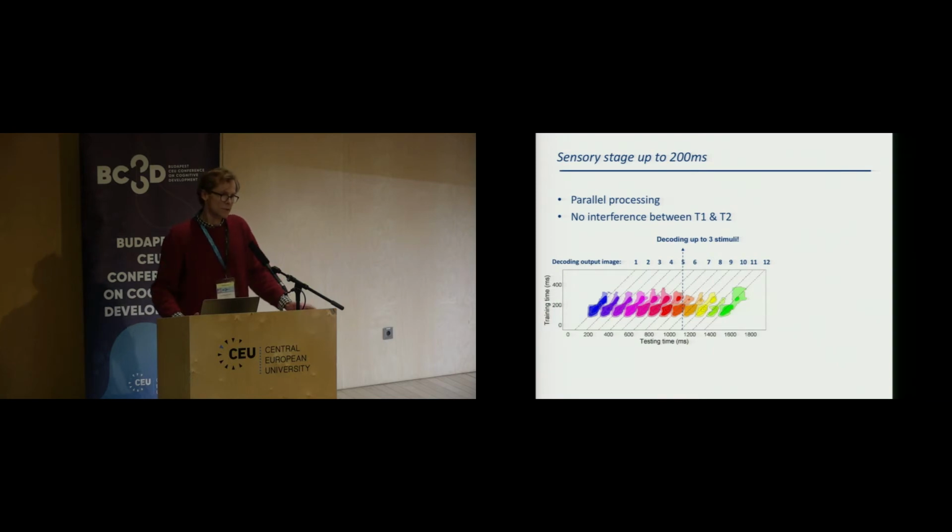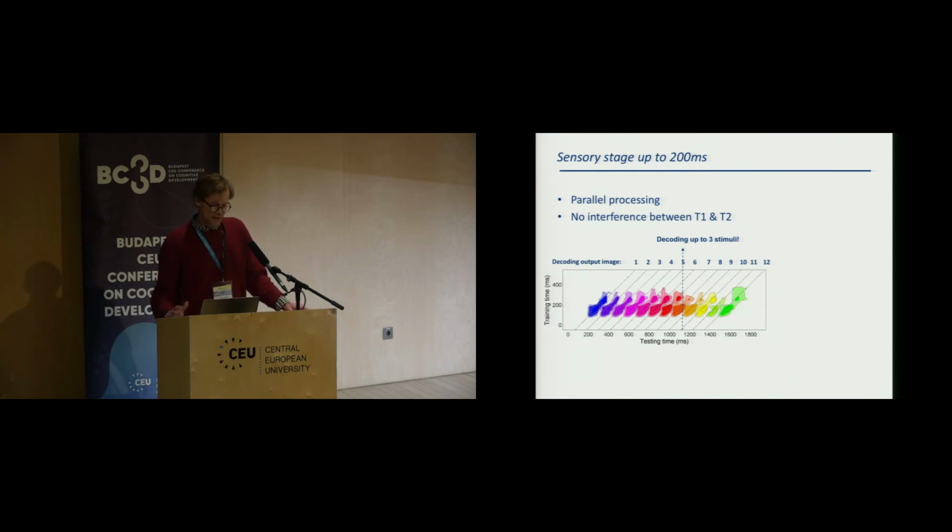let's go back to this study of the unfolding of events from stimulus onset to the conscious perception of the stimulus. He was able to decompose this unfolding of events in 3 stages. So the first stage is a sensory stage, which lasts approximately 200 milliseconds.